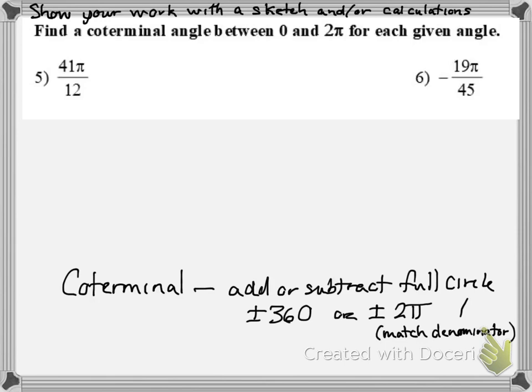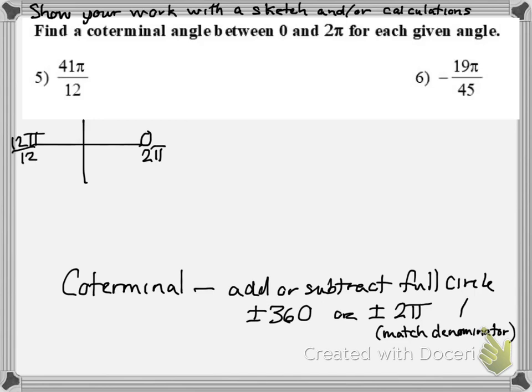Okay, it says to show your work with a sketch and/or calculations. I do just a little bit of a sketch to get a feel for what I'm doing. Zero, pi, 2 pi. Since there's a 12 on the bottom, I'm going to call this 12 pi over 12.